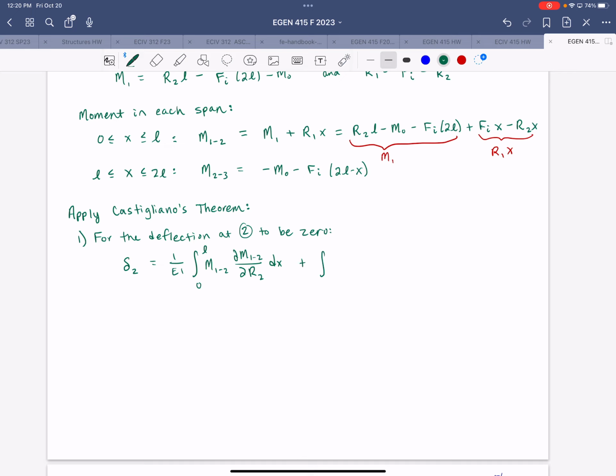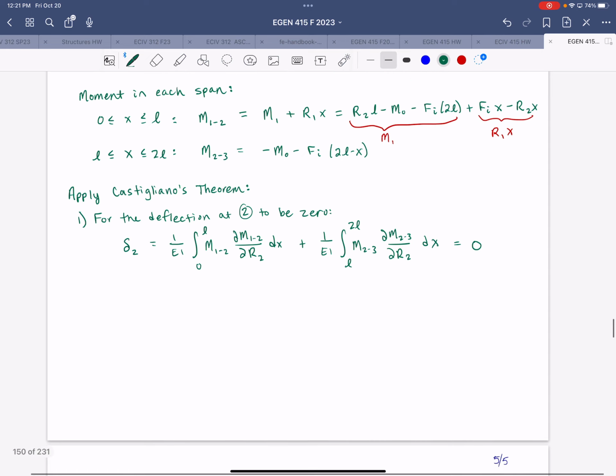So then for the second region, we'll have 1 over EI times the integral from L to 2L of M23 times the partial derivative of M23 with respect to R2. Set that whole thing equal to 0.